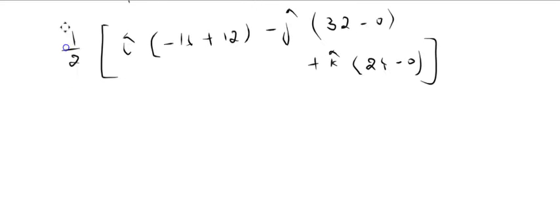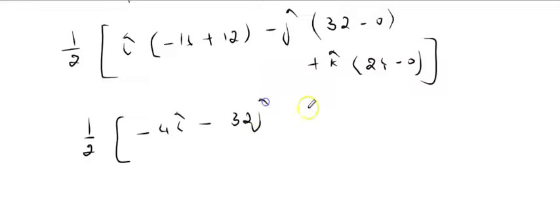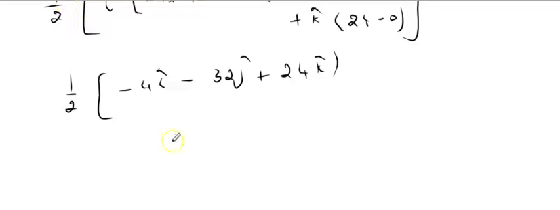So that is now going to give you half into minus 4i minus 32j plus 24k, or dividing throughout by 2, that will give you minus 2i minus 16j plus 12k.